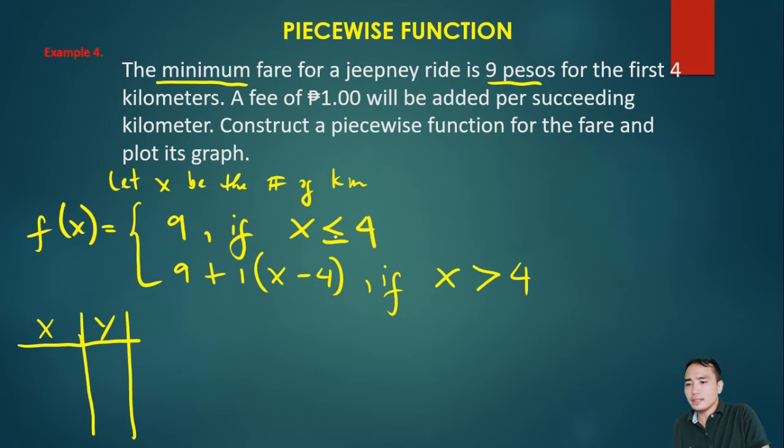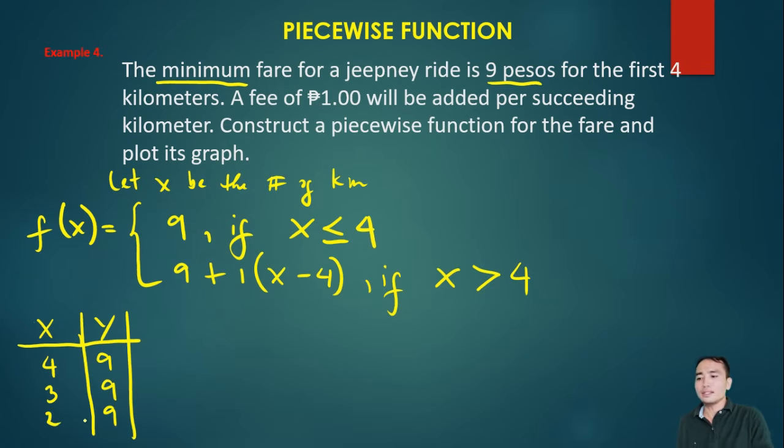Kapag yung x natin is 4, yung babayaran natin ay 9 pesos. Kapag yung x natin is 3, yung babayaran natin ay 9 pesos pa rin. Kapag yung x natin ay 2, yung babayaran natin is 9 pesos. Okay.